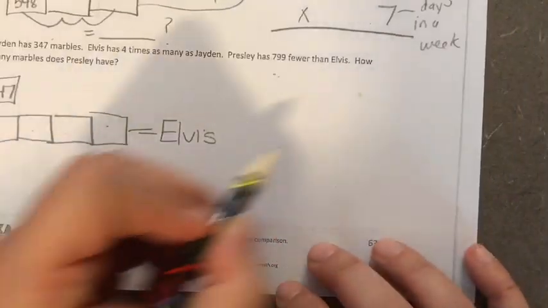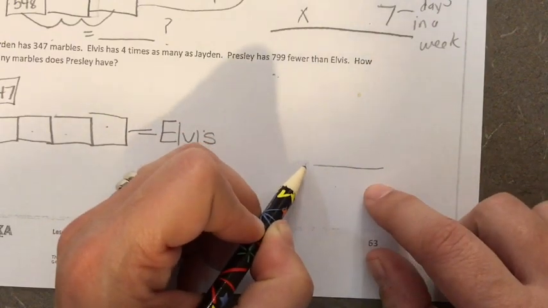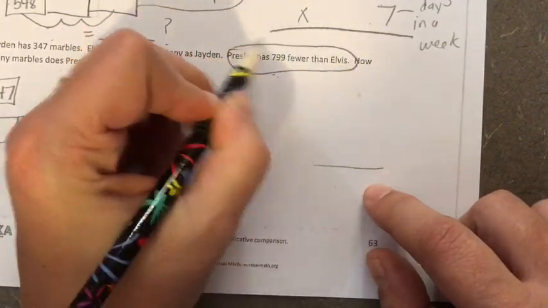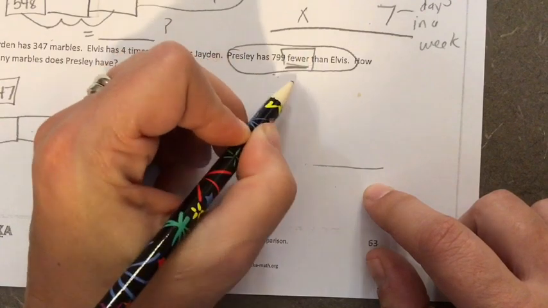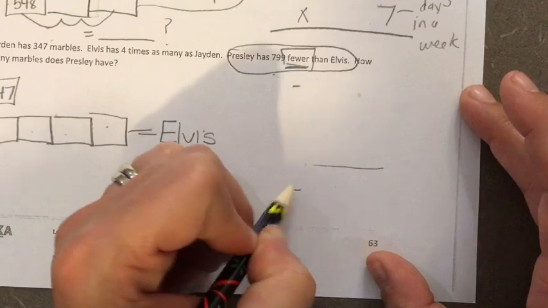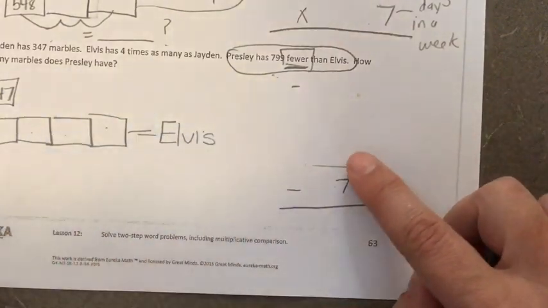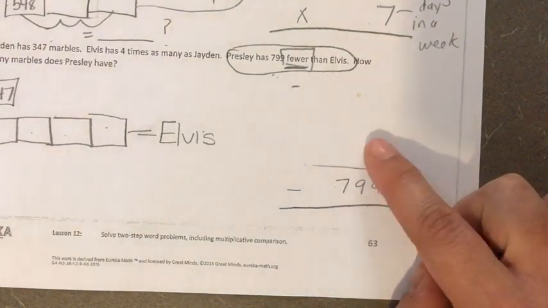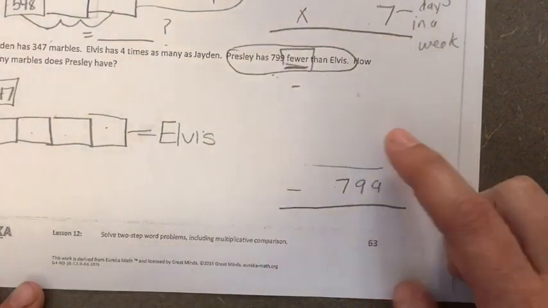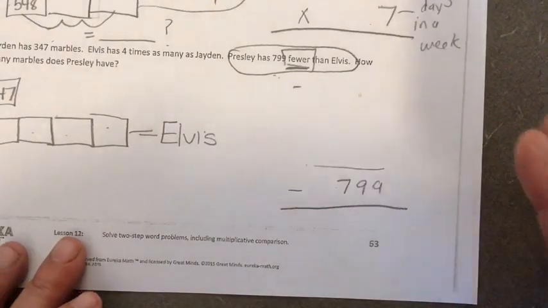Then you've got to take that number, whatever it happens to be, and then you need to do fewer. So what operation is fewer? Well, it's going to be subtraction. So you're going to have to subtract. But first you have to figure out how much Elvis has. How many marbles does Elvis have? So, like I said, you're looking at a few steps before you get to your final answer.